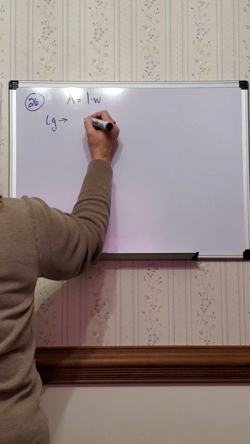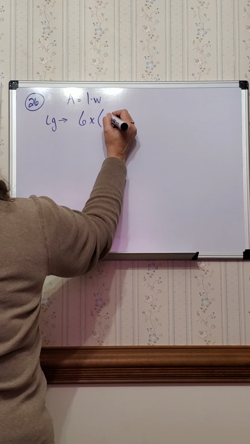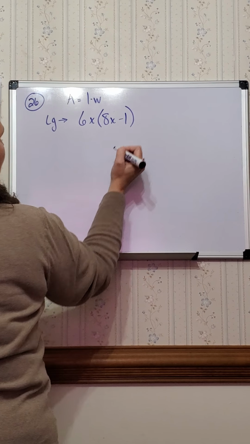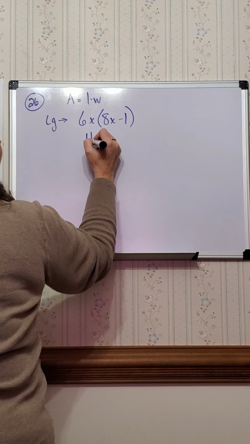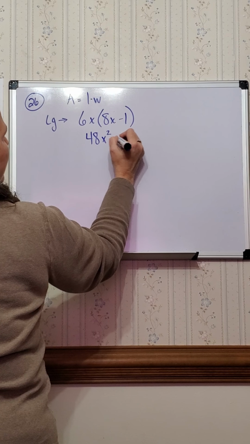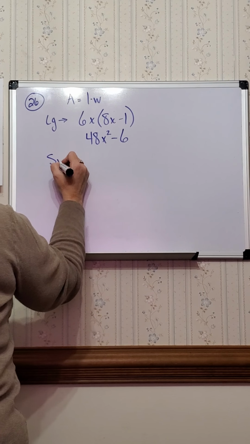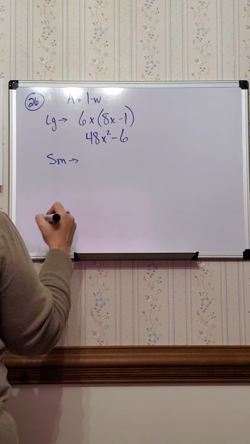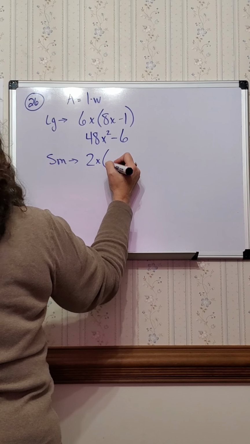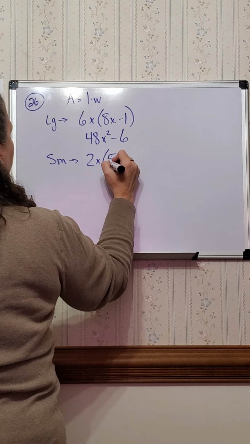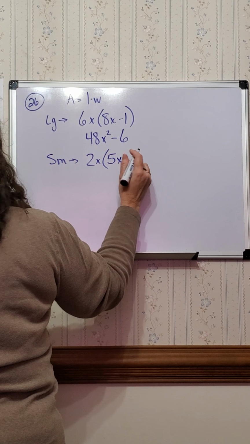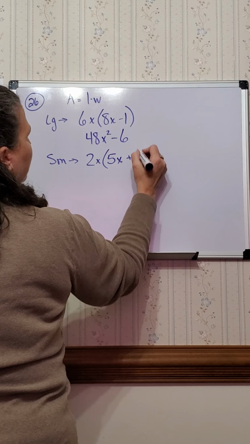So I'm going to have 6x times 8x minus 1. 6 times 8 is 48x squared. 6 times negative 1 is negative 6. Now we're going to find the area of the smaller one, which is 2x times 5x plus 3.